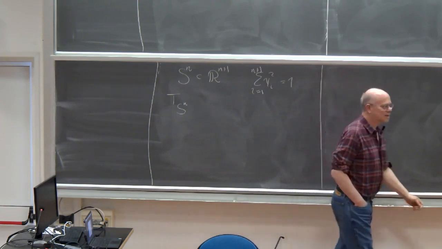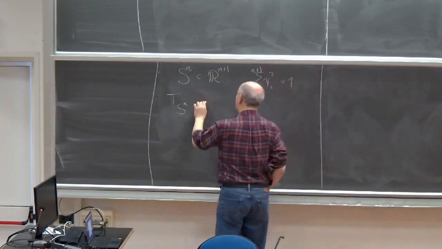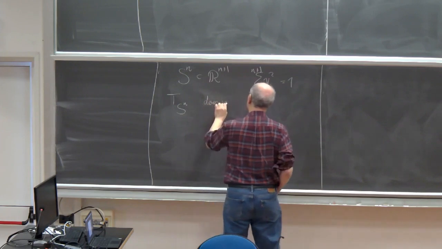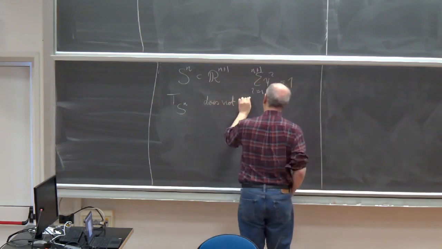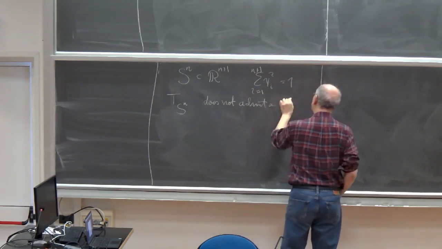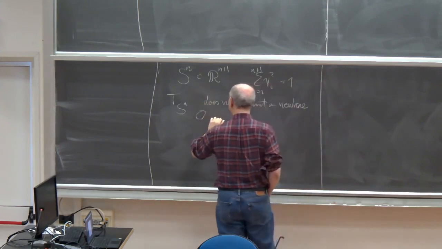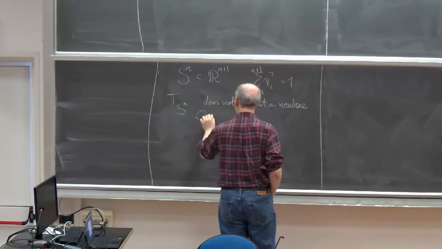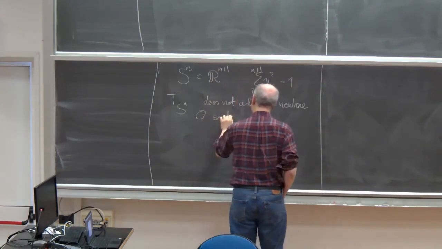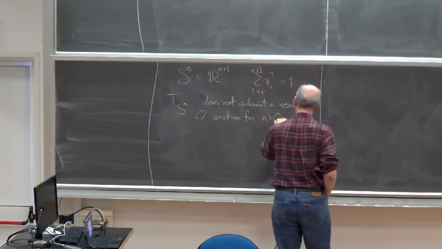And as I'm sure you all know, when n is even, this does not admit a nowhere zero continuous, so let's say C infinity or zero, section.